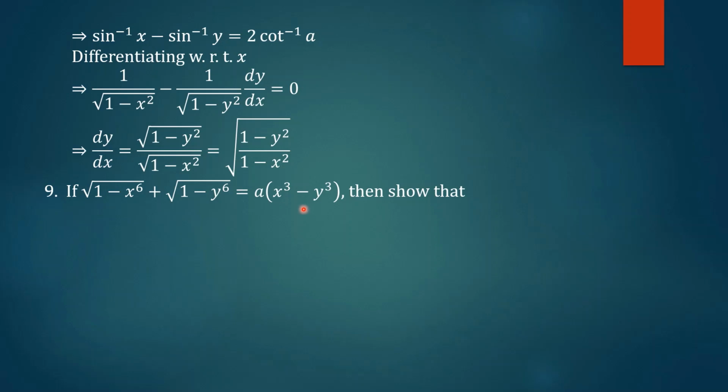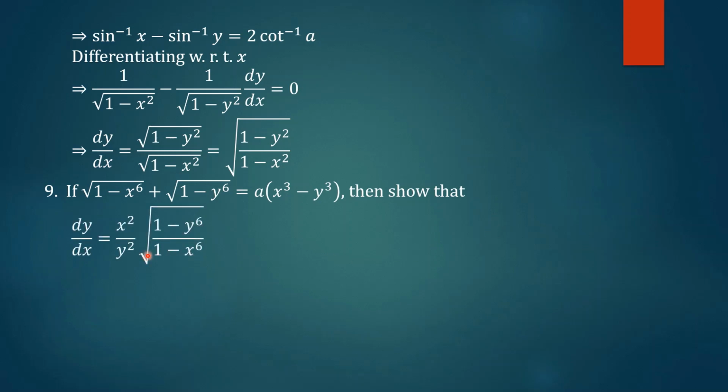If you compare this question with the previous one, you will see that here it is x cube, in the previous question it was x square and here was x only. So in this case, x to the power 6 can be written as x cube whole square, and y to the power 6 can be written as y cube whole square. And so this time you take x cube is equal to sine theta and y cube is equal to sine phi.